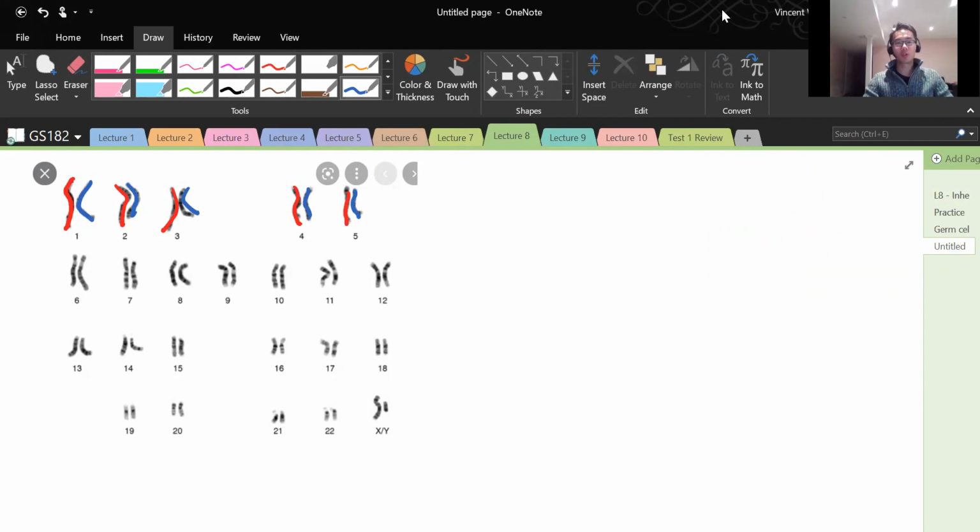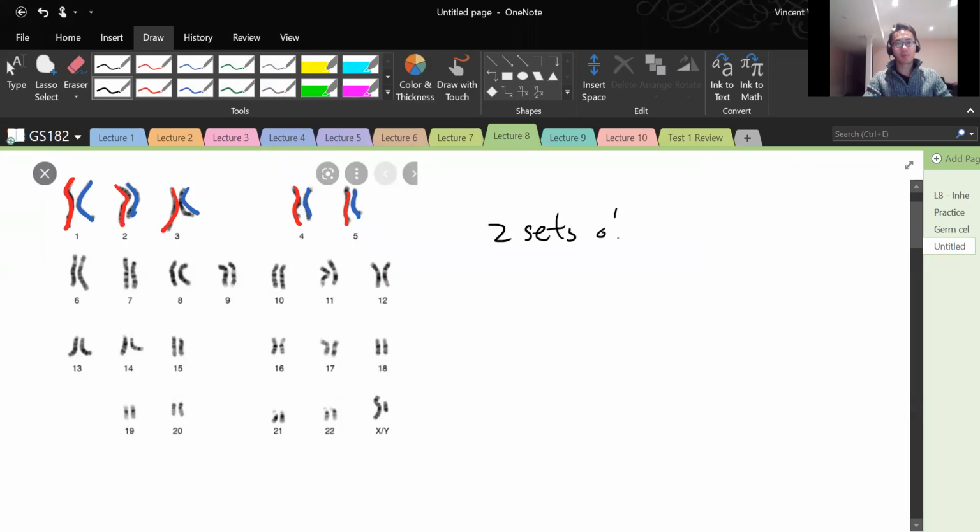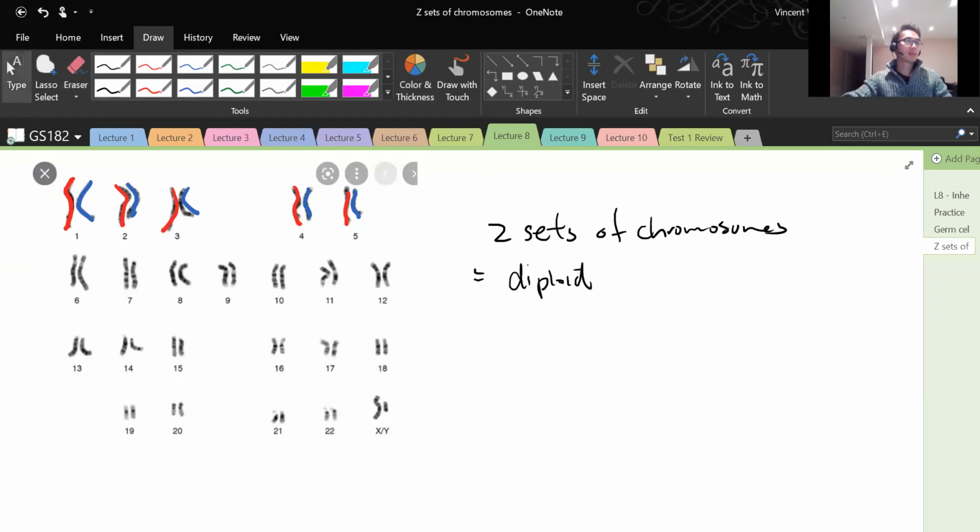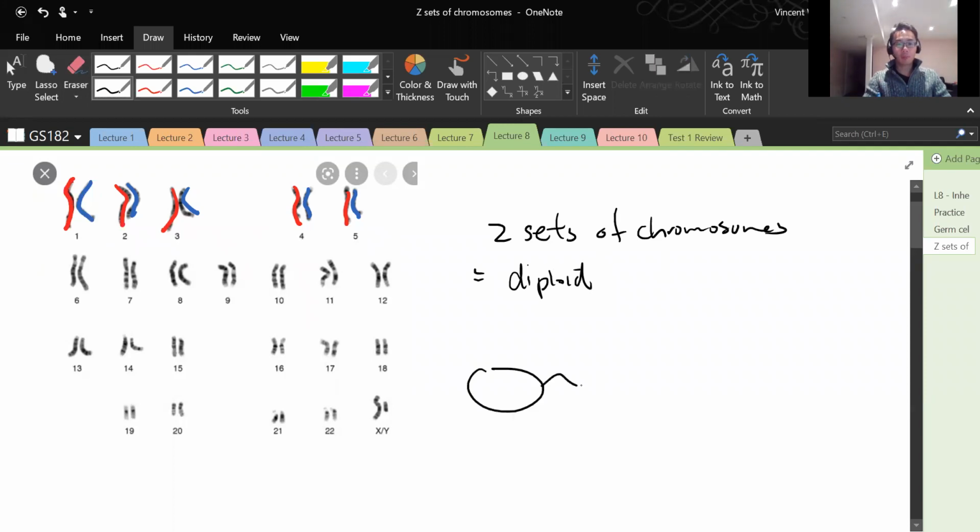So for each chromosome, you have 2 copies. In the entire chromosome set, there are essentially 2 sets of chromosomes. When you have 2 sets, that's called diploid. During meiosis, each sperm or egg will only get 1 set.